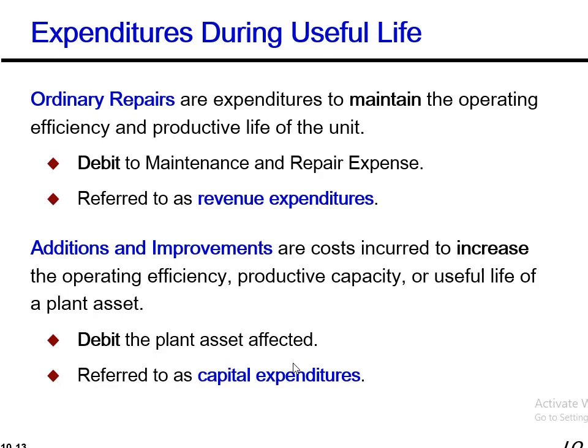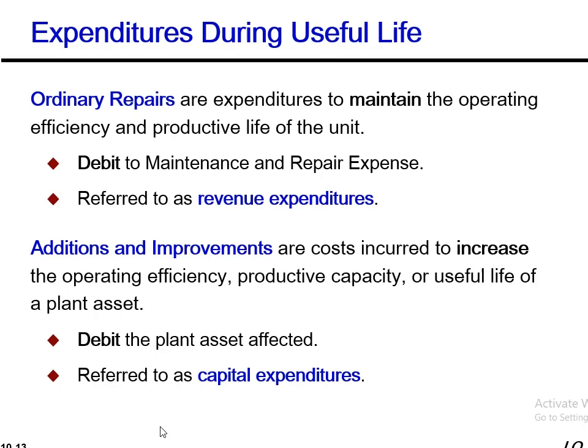Because the truck will not get damaged because of tampered by this heavy stuff which is being transferred by it. So if you add such things which improves or which increases the operating efficiency of the assets, you're going to add them into the cost of the asset, and we call such cost as capital expenditures. We call such expenses as capital expenditures. Why? Because we capitalize them, we add them into the cost of the assets.